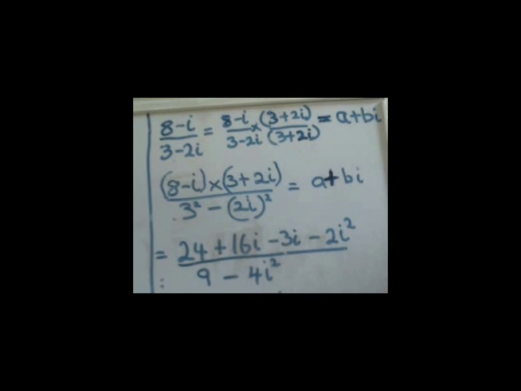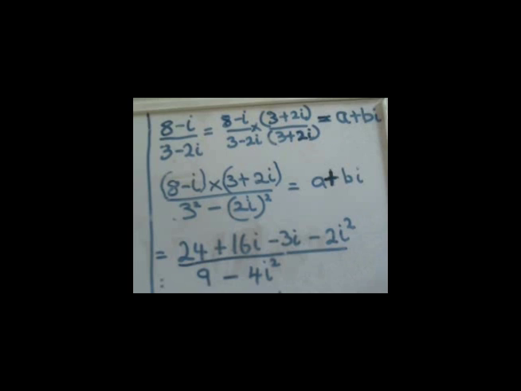Remember that the conjugate theory is such that x minus y bracket multiplied by x plus y bracket will give us x squared minus y squared. And we also represented this with the x and the y.